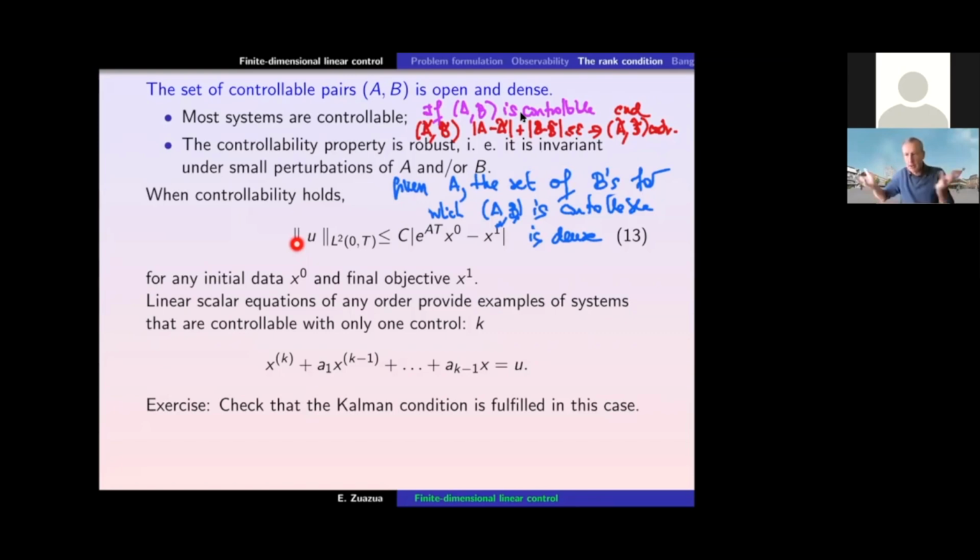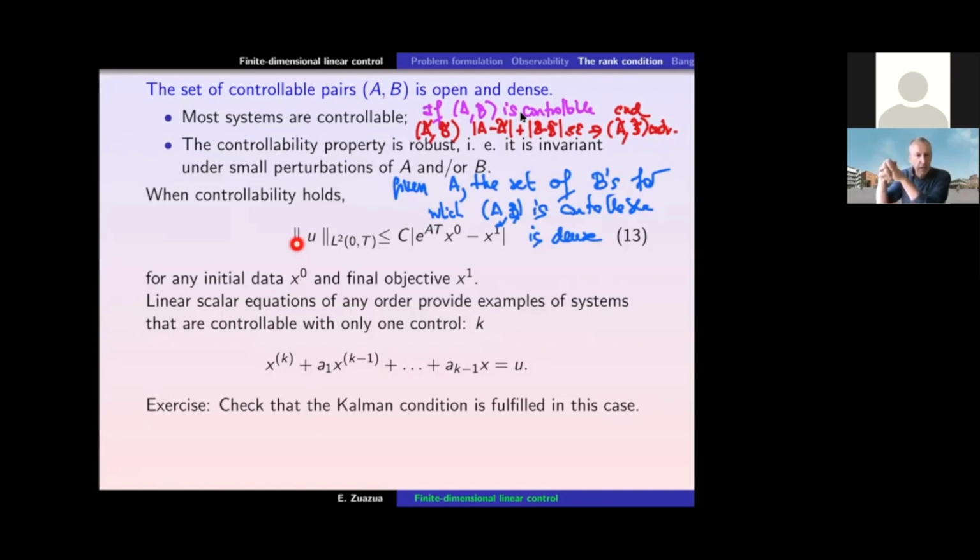A polynomial is an analytic function, so it cannot vanish on an open dense set. So being 0 is something that is exceptional for polynomials, and therefore, for the rank condition, the same is true.